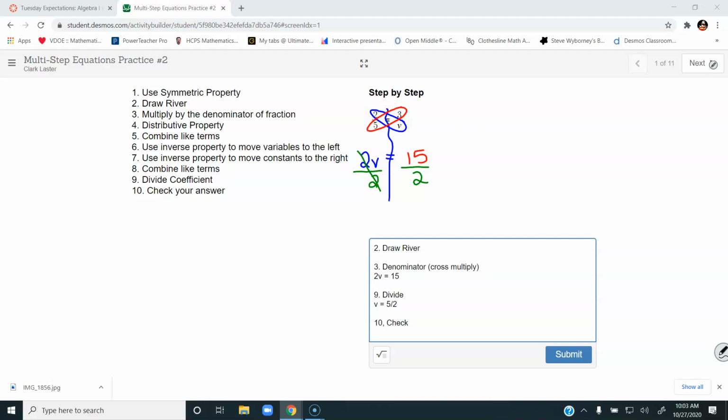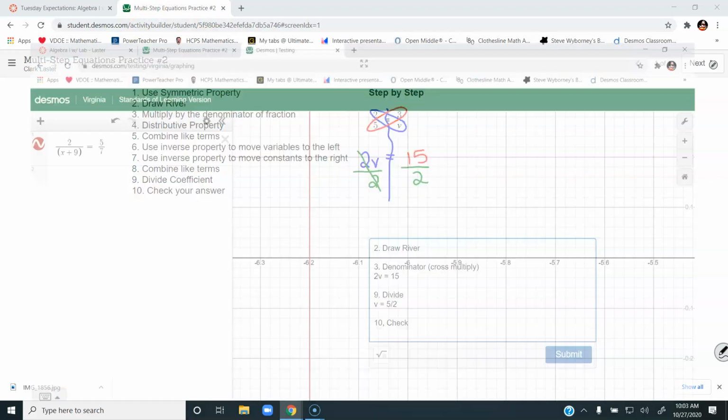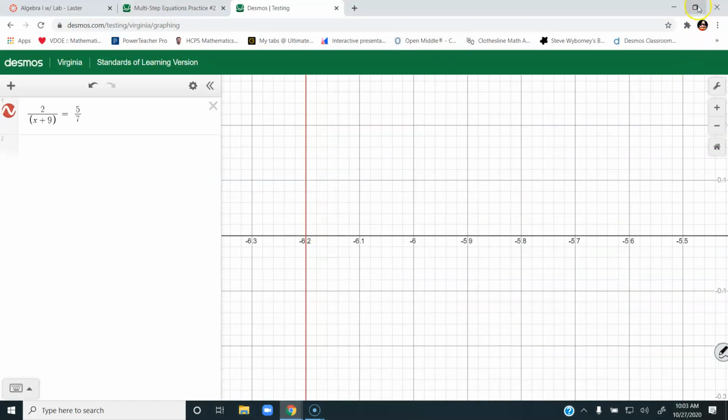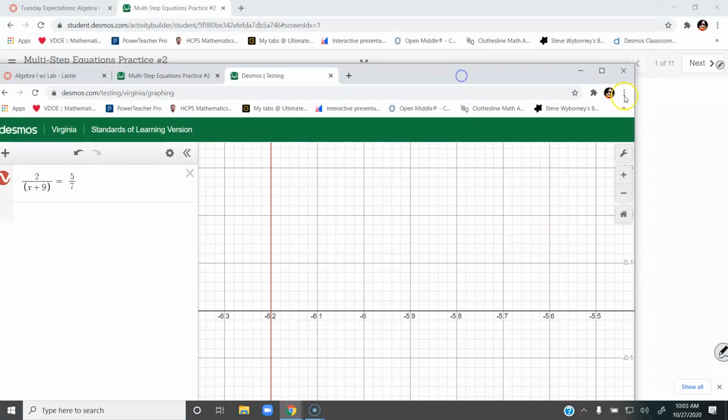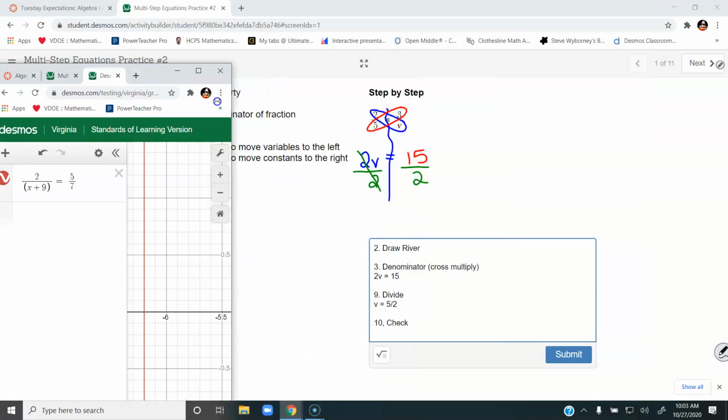I'm going to go ahead and get my Desmos calculator up, and I will drop it in here so that we can see it firsthand. So I'm going to slide this in so that I can see all that information at the same time. So I'm going to go back to my original problem, which is 2/5. And when I click that, I get 2/5.